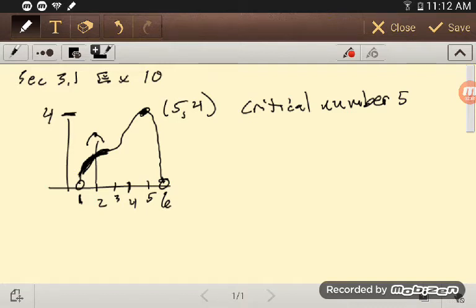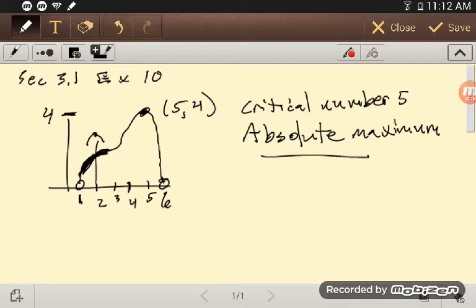Here, definitely, as we're looking at this, is an absolute maximum. And then, of course, it's also a relative maximum, because in a neighborhood it's also the biggest, but absolute maximum kind of trumps that. And we have no minimums, okay, because these are open circles.